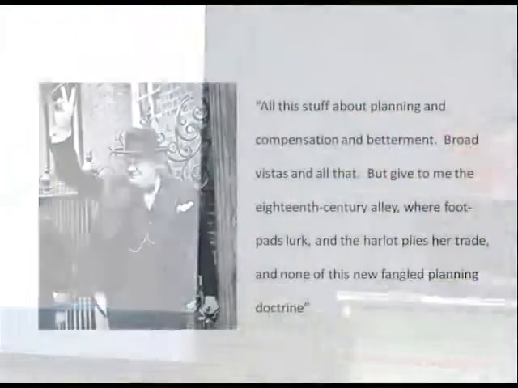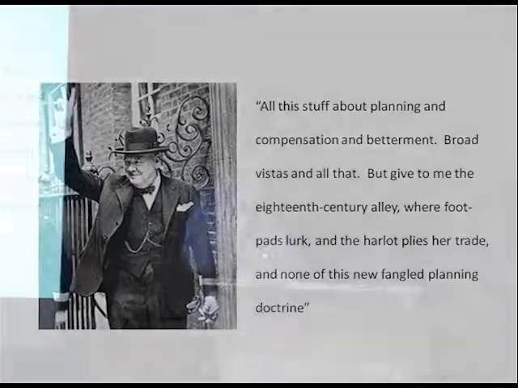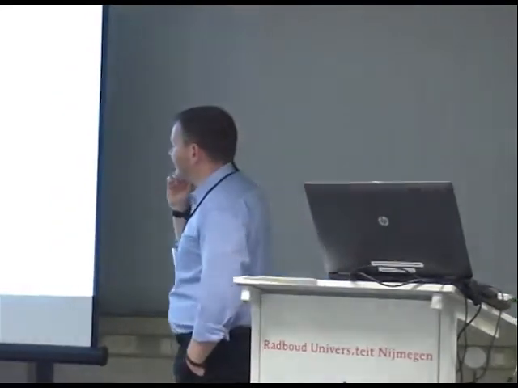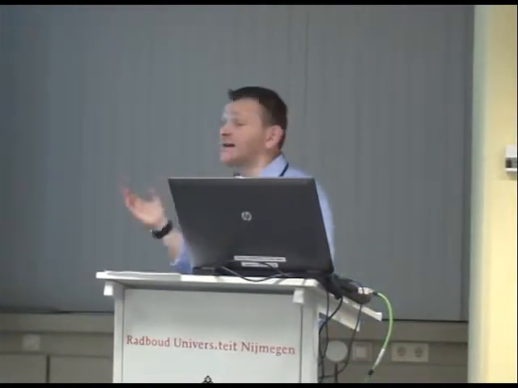Politicians have a big part to play. And there's a love-hate relationship in the UK about politicians and their love or hatred of planning. This is Churchill, who said in the war, none of this newfangled planning doctrine, in his Victorian-like way. He didn't believe in planning, and it's a sentiment shared, unfortunately, by the current administration as well.